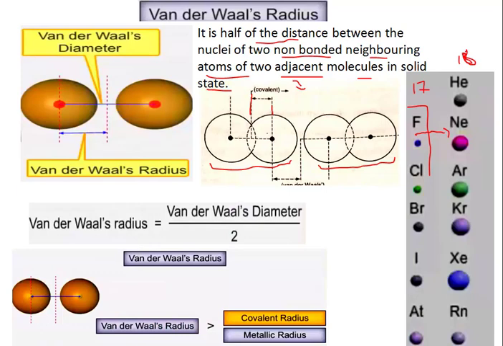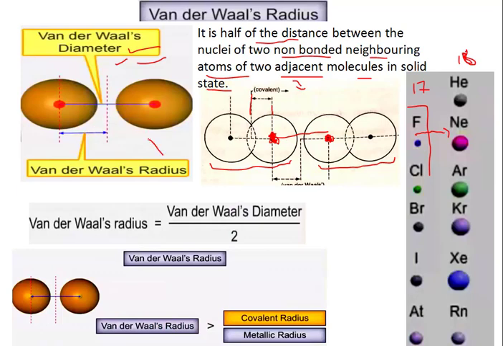Now when we take these two adjacent molecules into consideration in solid state, the distance from the nucleus of one atom of the molecule to the non-bonded atom of the other molecule is called the van der Waals diameter, and half of this distance is called the van der Waals radius.